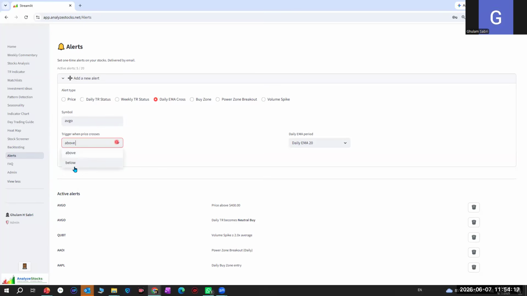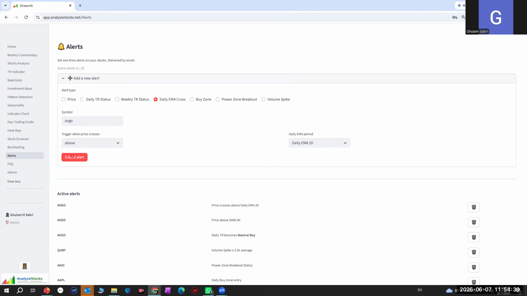Above means it crosses the 20-day EMA from below, and below means that it crosses the 20 period EMA from above. So I created another alert. That's how I created alerts here, especially this TR one.